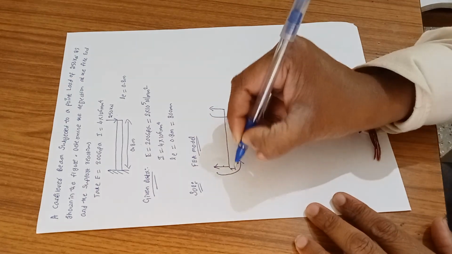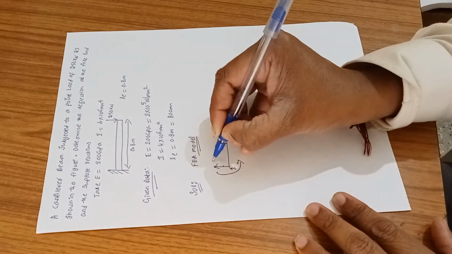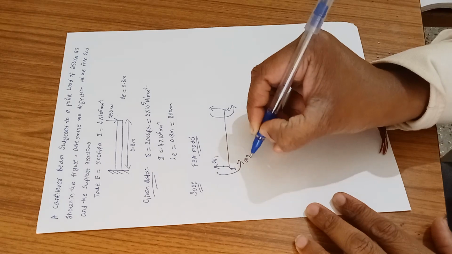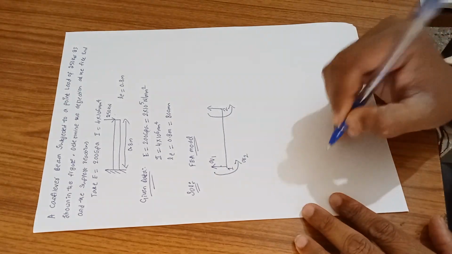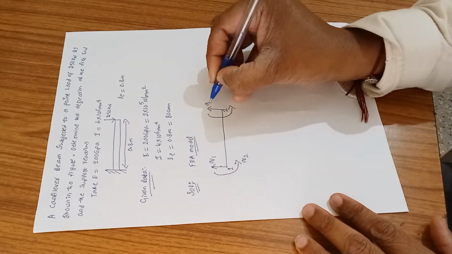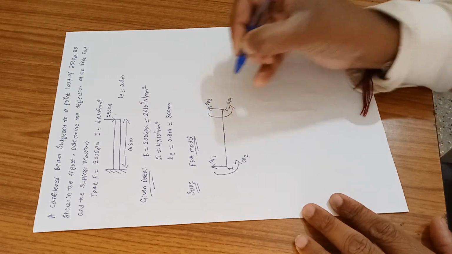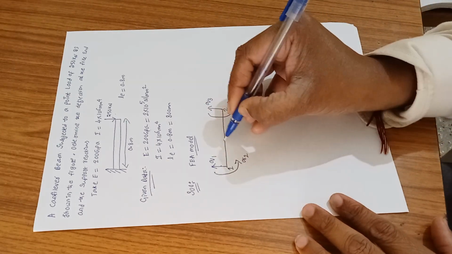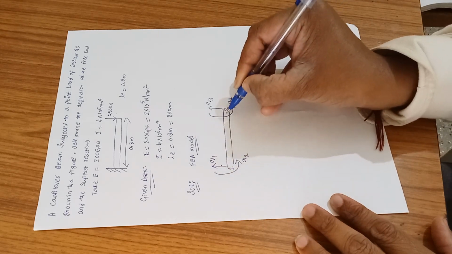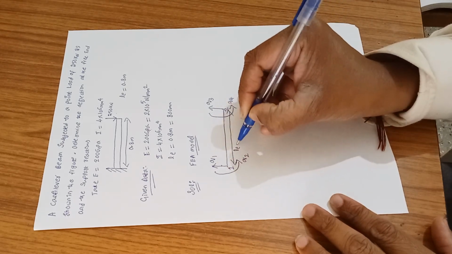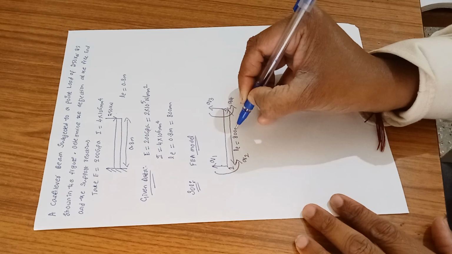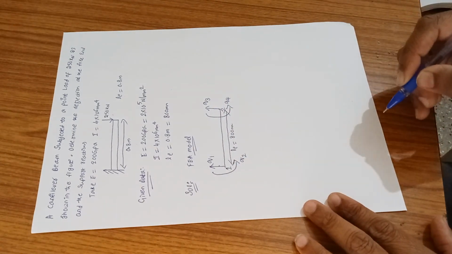This is node number 1 and this is node number 2. At node 1 you have Q1 as the vertical displacement and Q2 as the angular displacement. Similarly, at node 2 you have Q3 as the vertical displacement and Q4 as the angular displacement. The length of the element is 800 mm. So this is all about the FEA model.